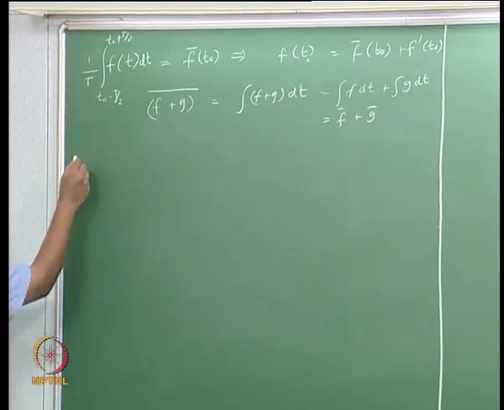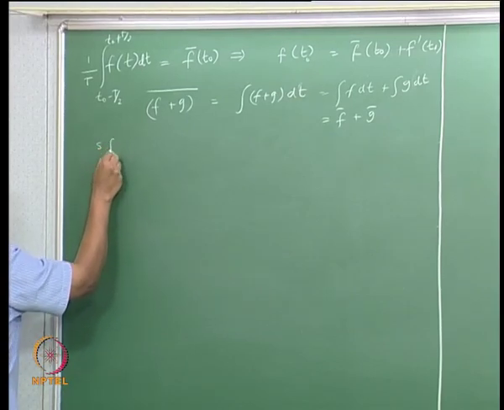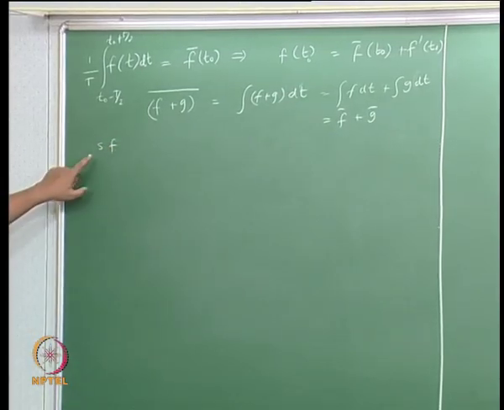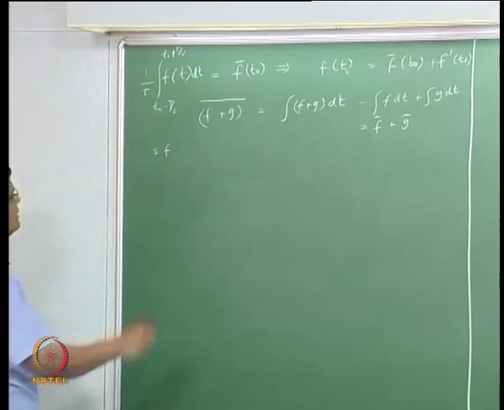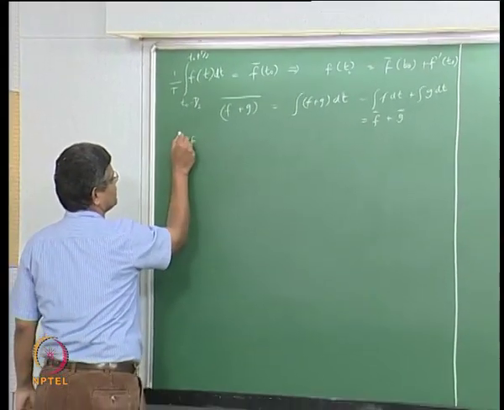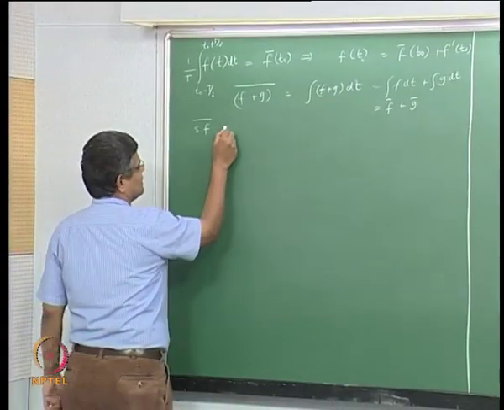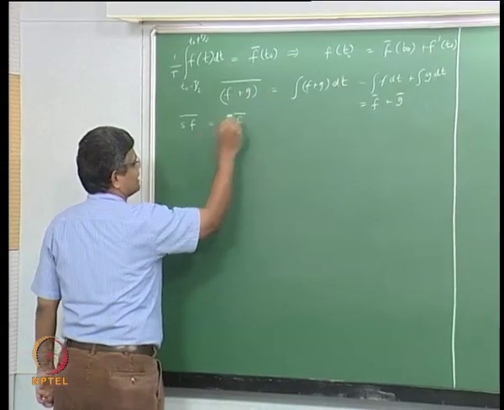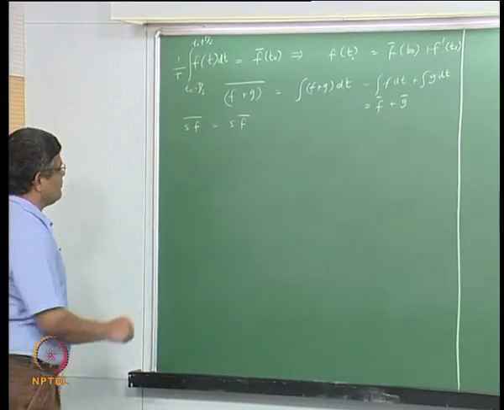And similarly we can show that for a scalar s which is constant, and f a fluctuating parameter, the time average of s times f is s times the time average of f.